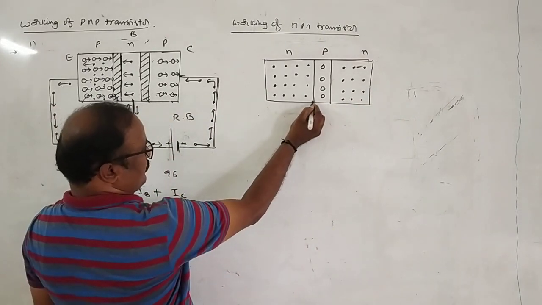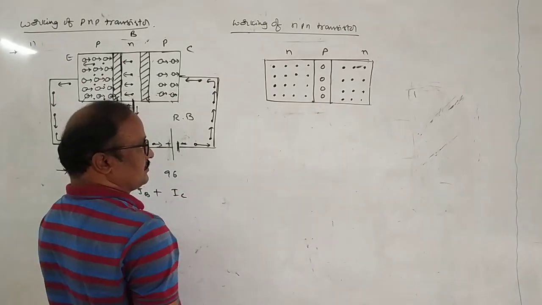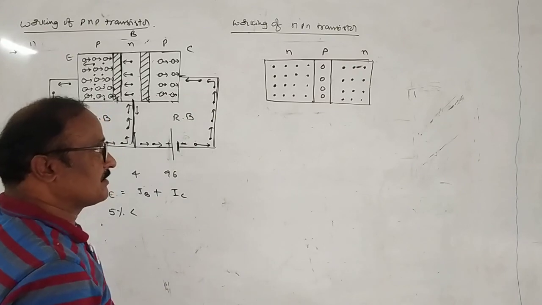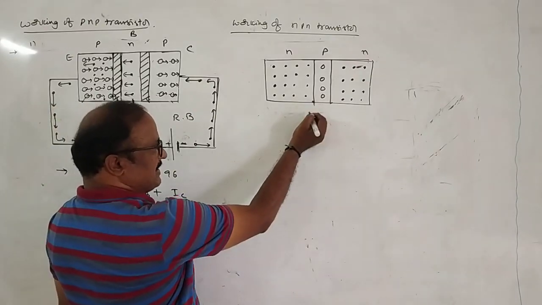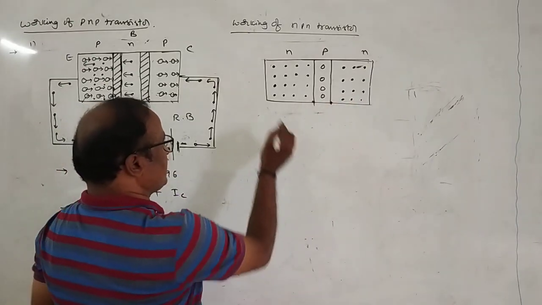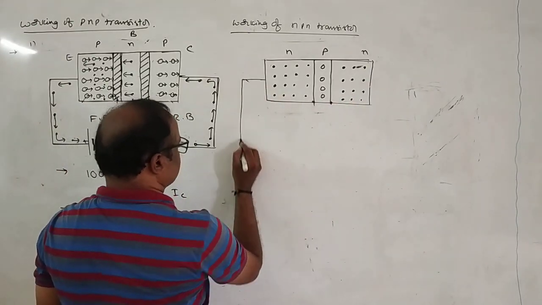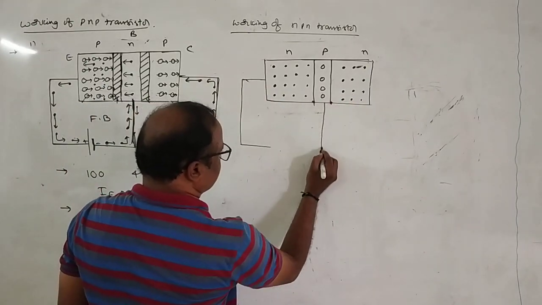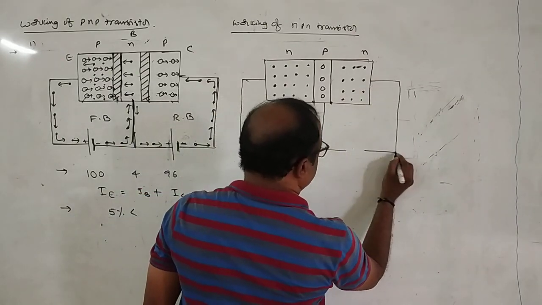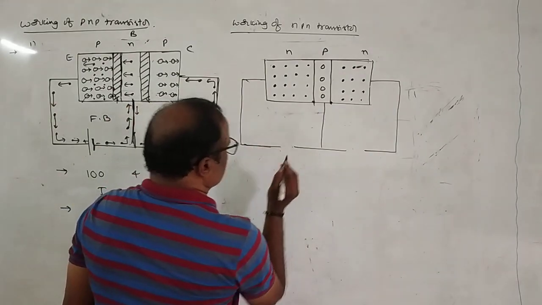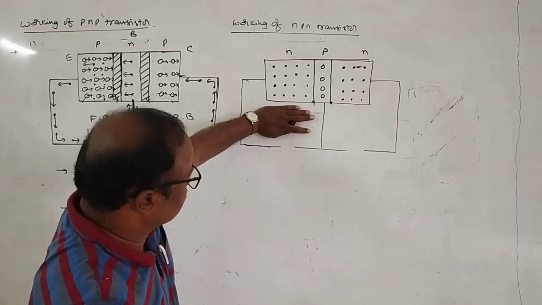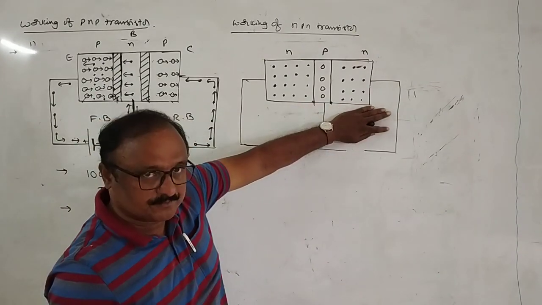This is the emitter base diode. This is the collector base diode. Compulsory for the working of the PNP or NPN transistor, the emitter diode must be in forward bias and the collector diode must be kept in reverse bias. Here also we are having two diodes. This is the emitter base diode. It is the collector diode.